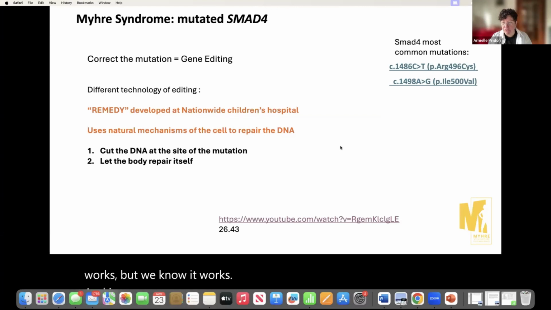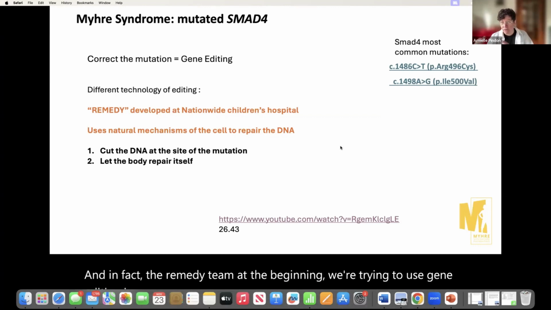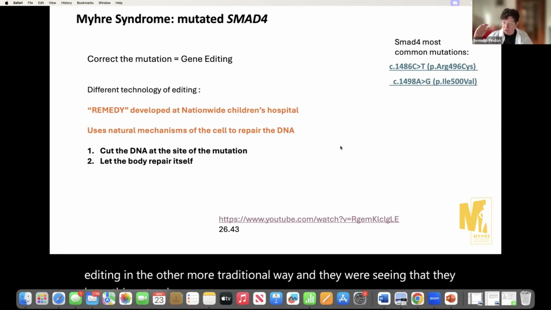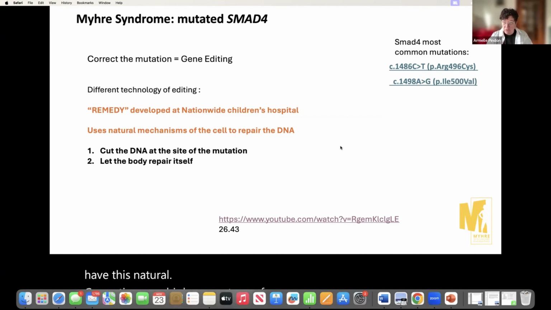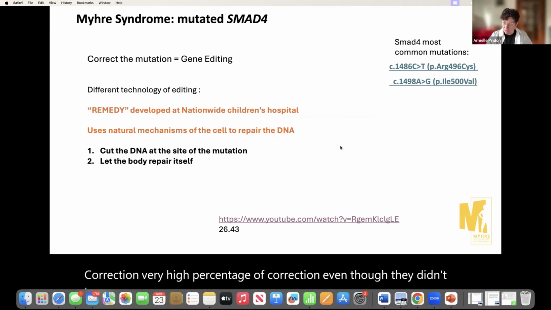In fact, the remedy team at the beginning were trying to use gene editing in the other, more traditional way, and they were seeing that they had this natural correction, a very high percentage of correction, even though they hadn't yet put in the template. At the beginning, they thought it was a mistake.